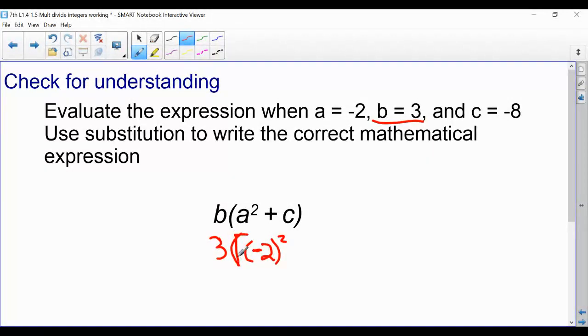And you can even turn these ones into brackets so you can see them a little bit better. Plus C. C is negative 8. And then it would be your end bracket. So that's the correct expression for that substitution problem.